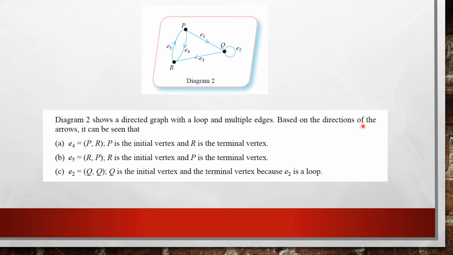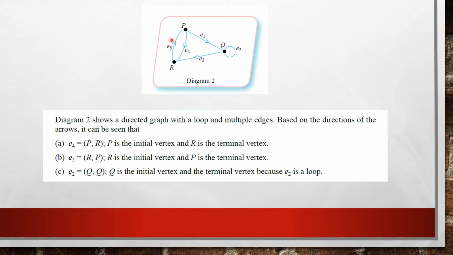Based on the directions of the arrows, it can be seen that E4, that means the line E4, is from P to R. So you write in brackets PR, that means starting from P, ends at R. So P is the initial vertex and R is the terminal vertex.